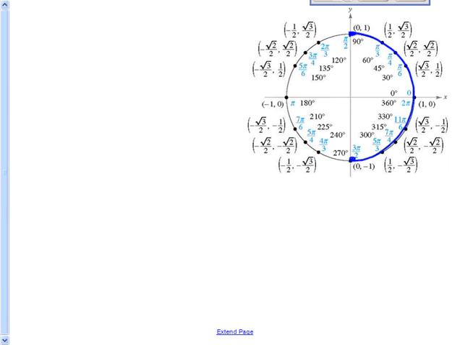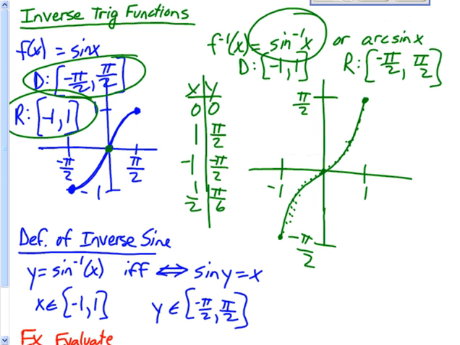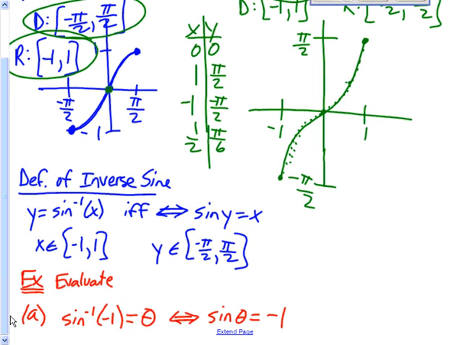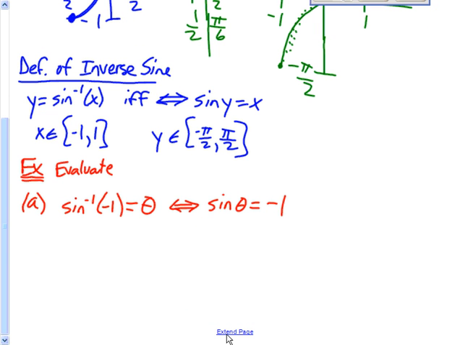Where is the sine of theta? Sine of what value is -1? I say, there it is, right? But I can't name it 3 pi halves. I have to name it negative pi halves, right? So negative pi halves. So we know the sine of negative pi halves is -1, right? So theta is negative pi halves.